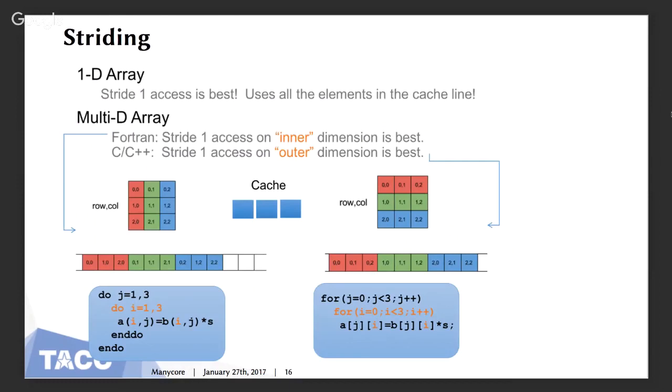So let's think about another way that you can think about striding. I'm going to describe how Fortran two-dimensional arrays are laid out in memory. On the left here, let's say we have 3 data elements that can fit in our cache at one time.